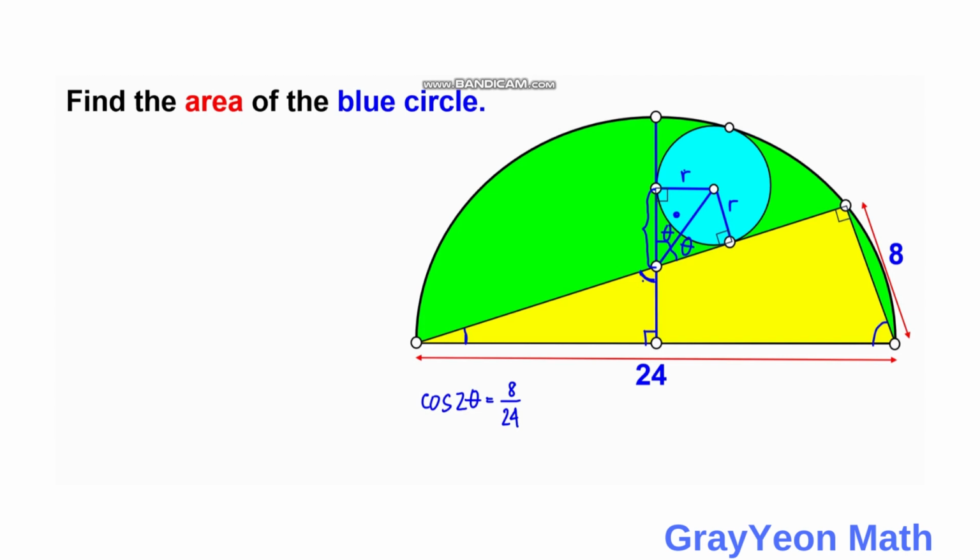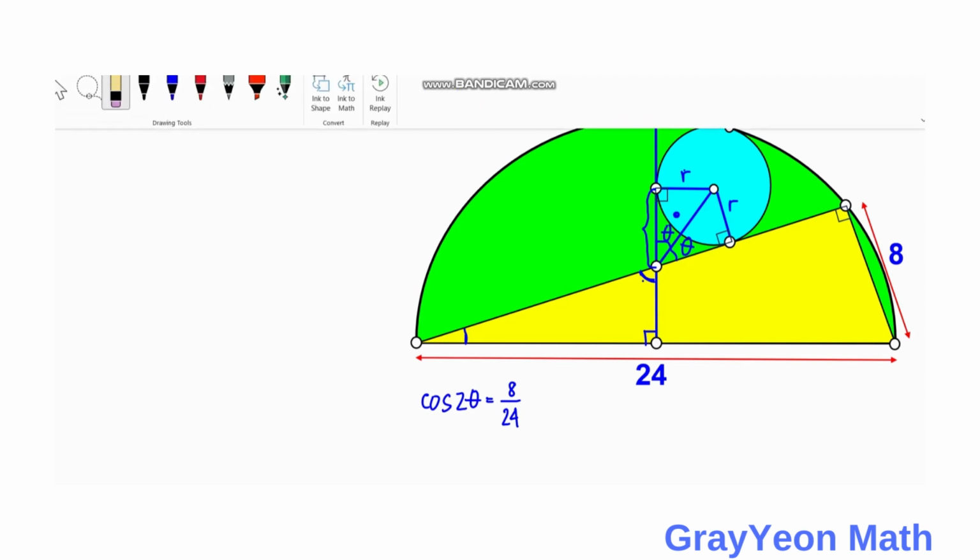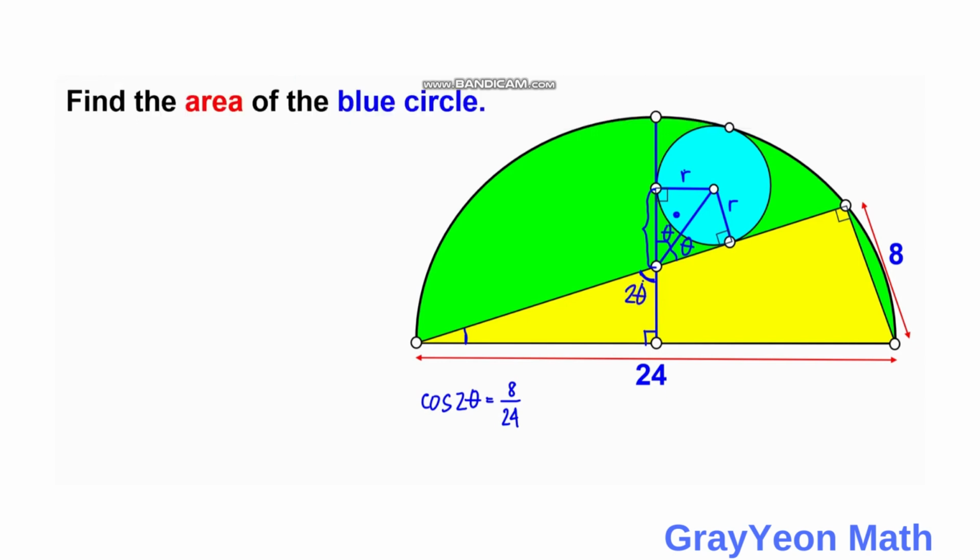We forgot to simplify this: cosine 2 theta is 8 over 24, which is divisible by 8, so this becomes 1/3.